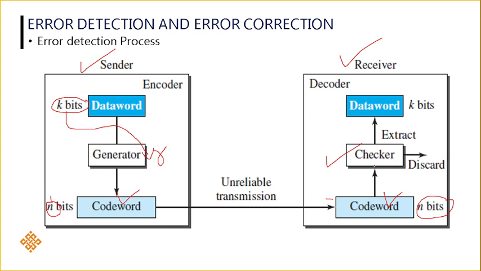The checker will apply one of the methods and identify whether an error has occurred. If an error has occurred, it will discard the code word. If there is no error, then it will extract only the data word, that is the k bits, and that is sent onward. So this is the overall error detection process.